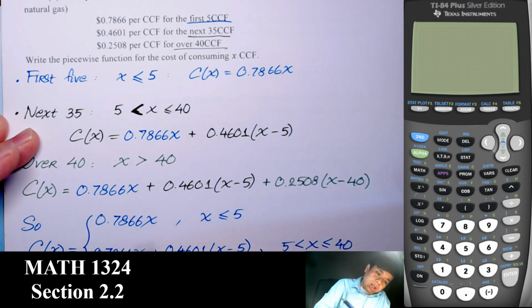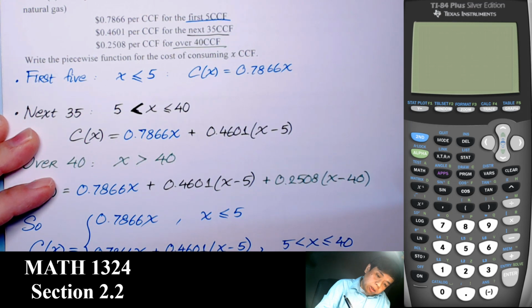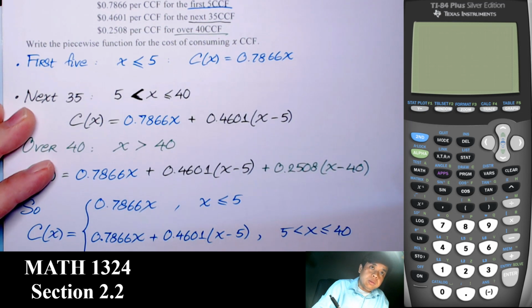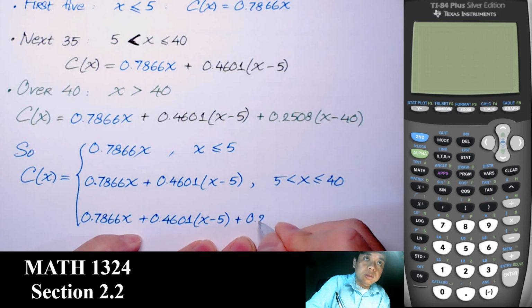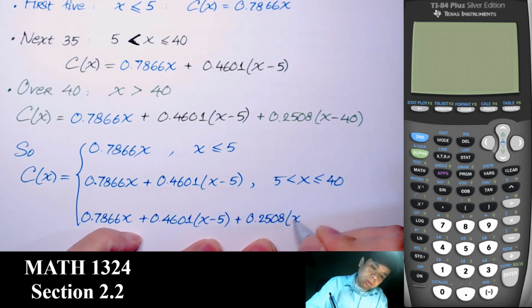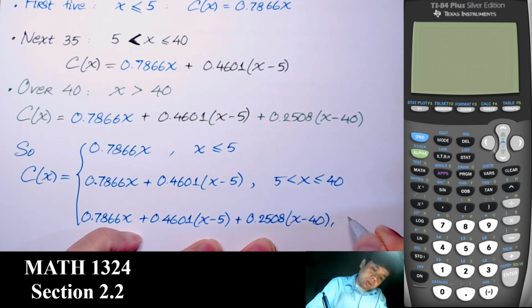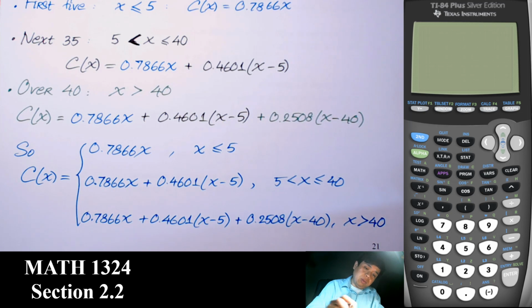And then the whole thing here for x greater than 40. Right, that.